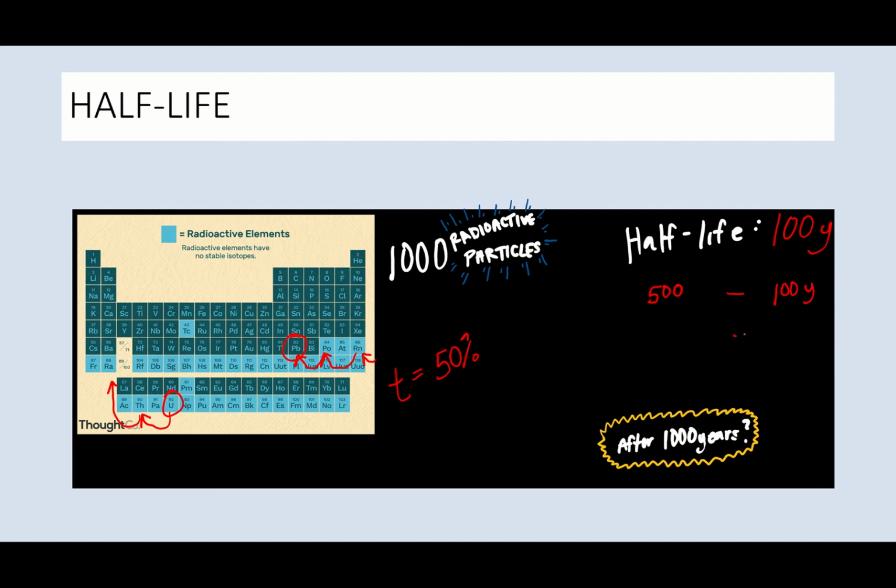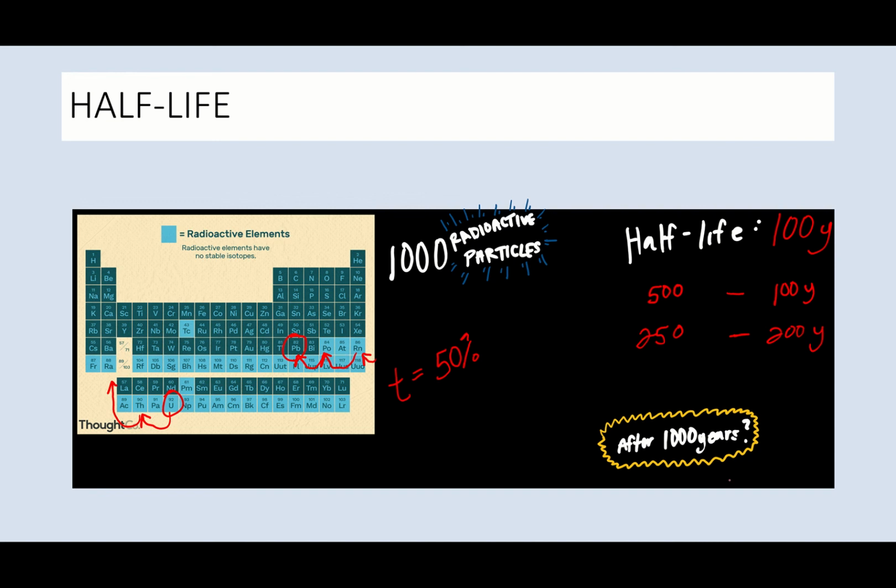Now, after another 100 years, so a total of 200 years, or 2 half-lives, we'd expect to see 50% of our 50%, or in this case, 250. This means that we have 250 radioactive isotopes remaining, and 750 of those radioactive particles decayed to their more stable state. Now, what would happen after 1,000 years?